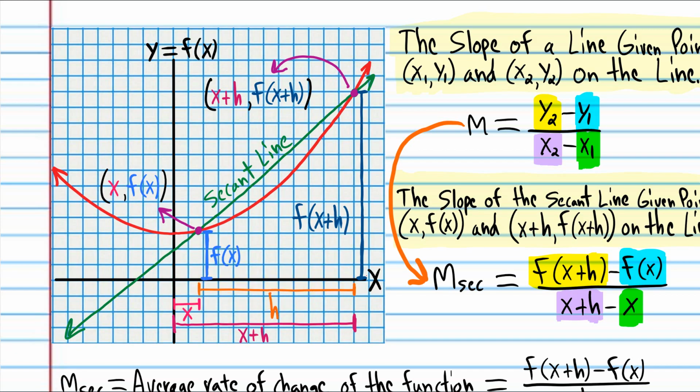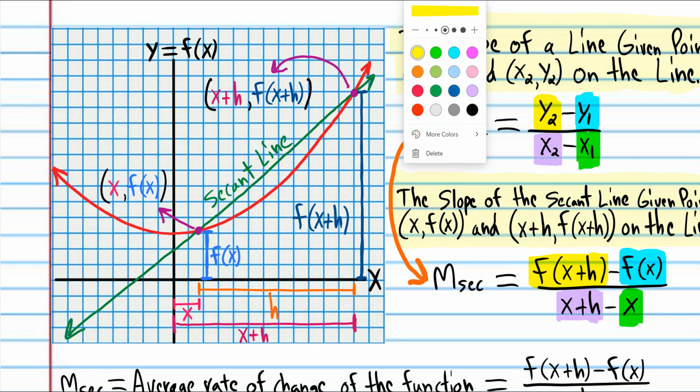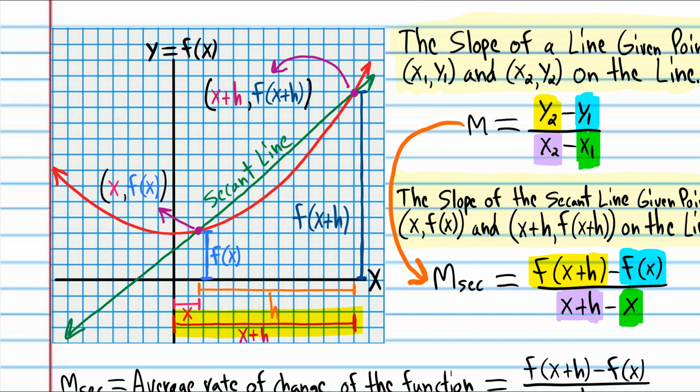And so the x value of this coordinate up here is going to be x plus h, because you have to move out this yellow distance in order to get our x value of this point. The x value of that point is x plus h. Again, you start at x and then you add h units to get all the way over to here. So x plus h is the x value.